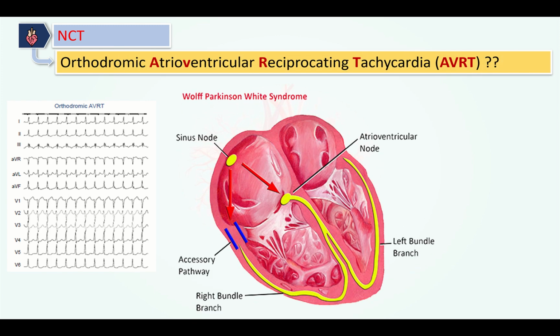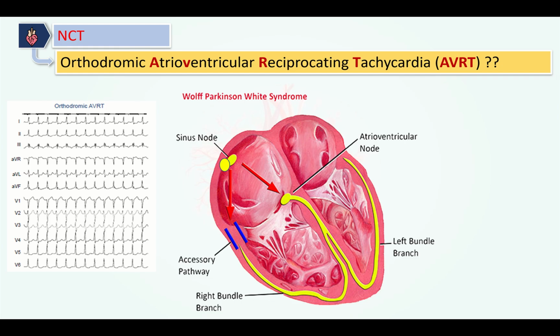And to illustrate more, in orthodromic tachycardia, it is a narrow complex, as we see in ECG. The impulse will go down antegrade through the AV node, retrograde through the accessory pathway back to the atria. That's why it's a narrow complex.